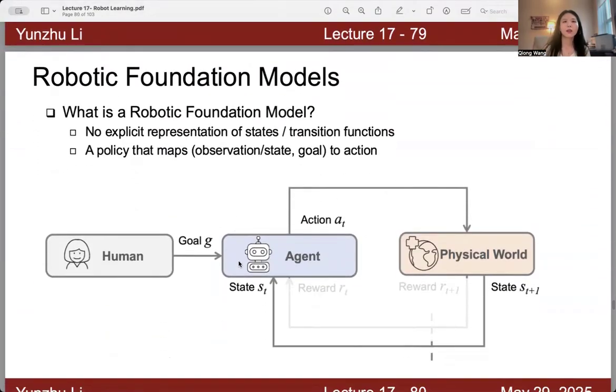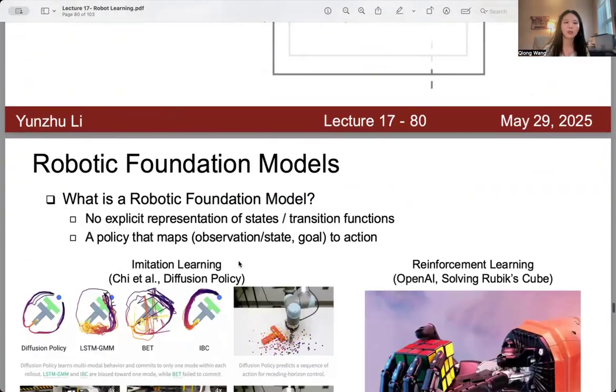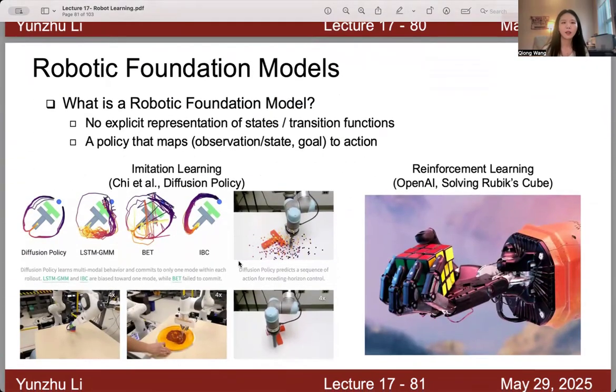So what is a robotic foundation model? I think there is no explicit representation of the state, transition function, or policy that maps to action. For example, you can see the example on the left. It's imitation learning. We can see four different learning methods.